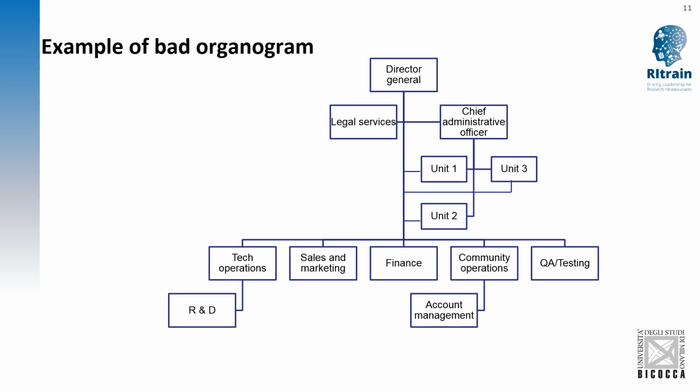The second important issue with the proposed structure is that efficiency functions or roles, such as tech operations and community operations, are given authority over effectiveness functions, such as research and development and account management. What does it mean? This representation creates confusion because the person in charge of research and development, which requires exploration and risk-taking, has to report daily to tech operations, which requires great control and risk mitigation.